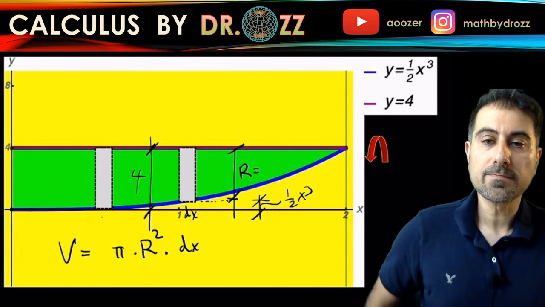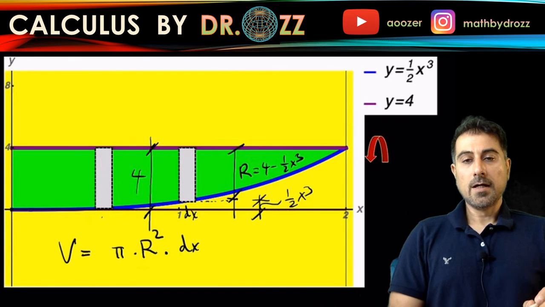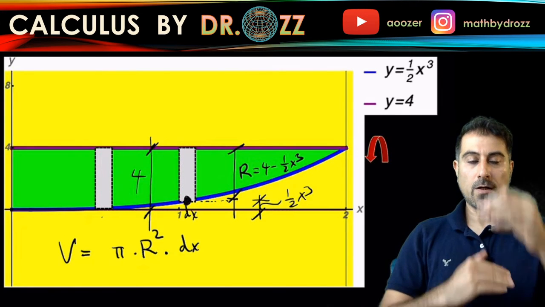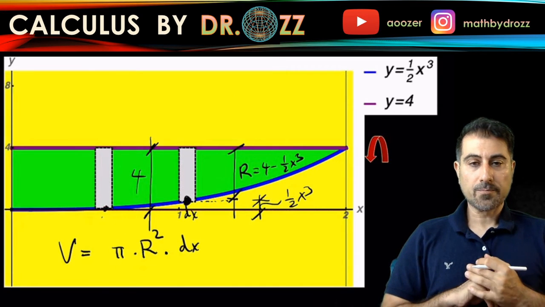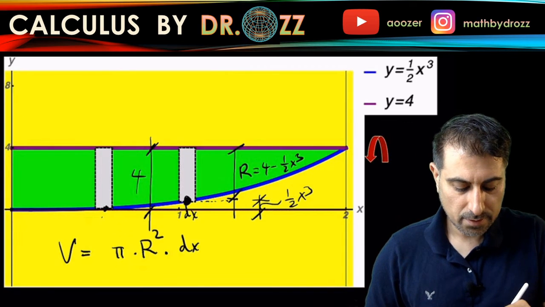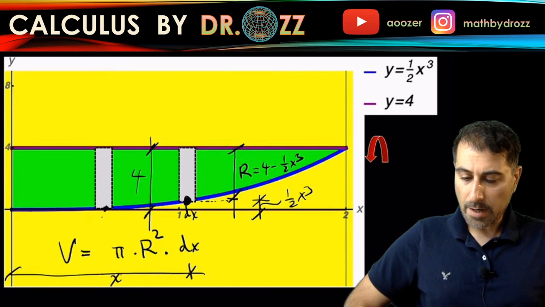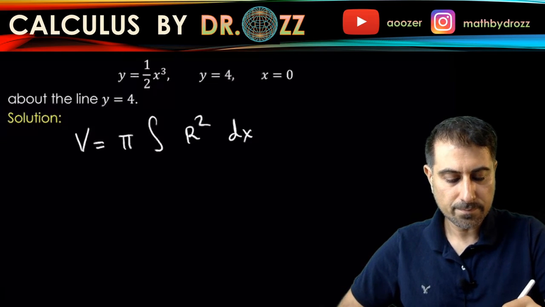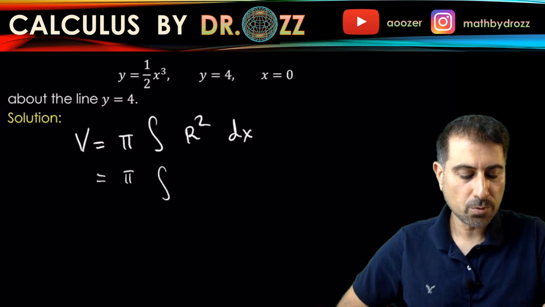1/2 x cubed. If you change the position of the slice, obviously the bottom point of the slice will change accordingly, and the whole height of the slice will change accordingly. I should also say this is x units far from the origin. So let's go back here. I know what R is: the integral of pi times (4 minus 1/2 x cubed) quantity squared dx.